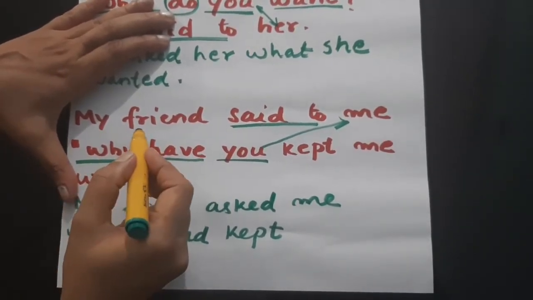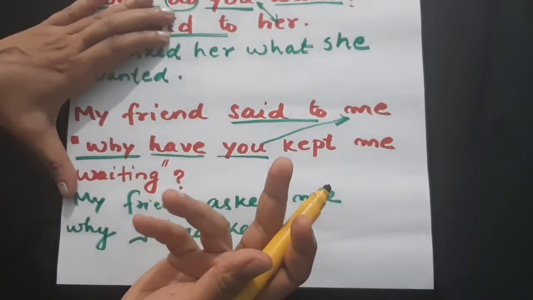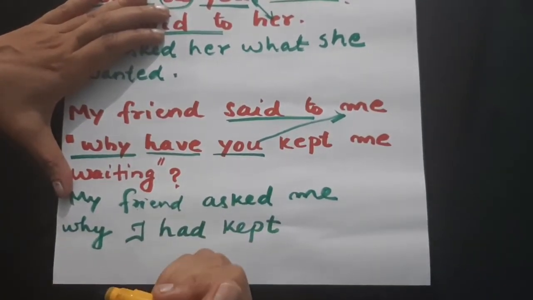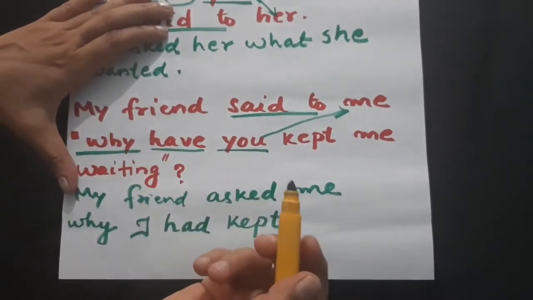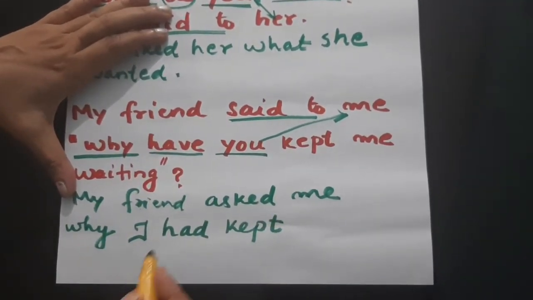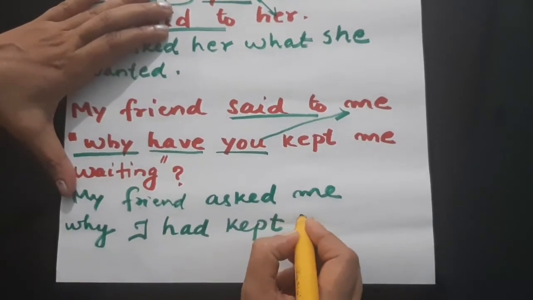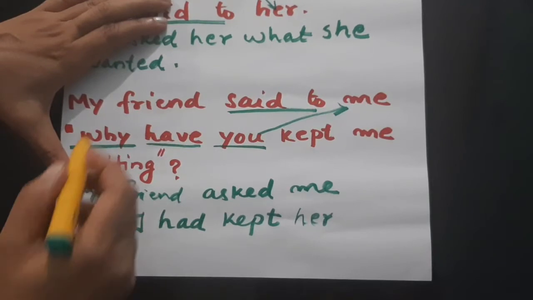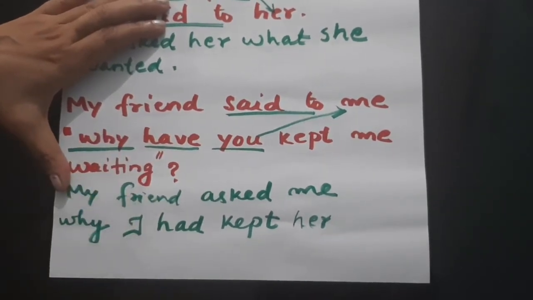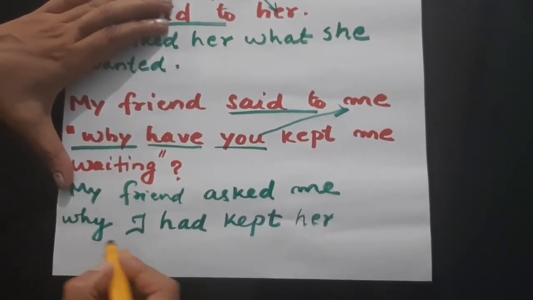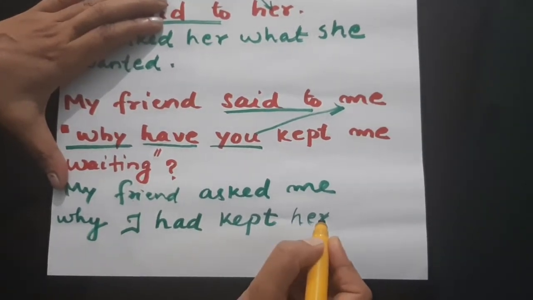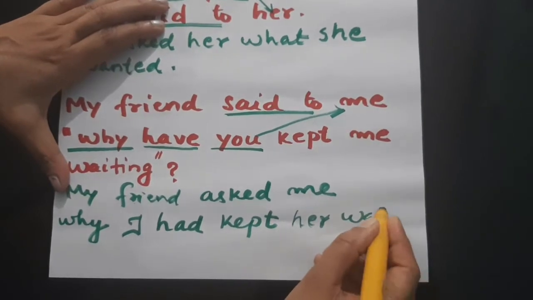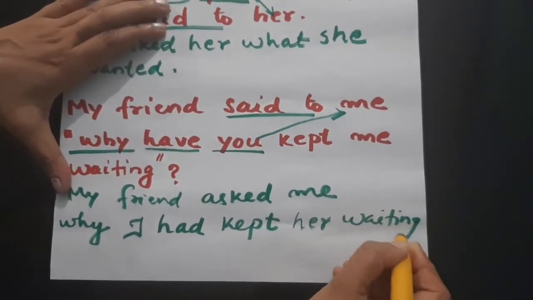My friend is only mentioned. We don't know whether it is a boy or a girl, isn't it? So it can be used as you like. You can write either he or she. Why I had kept. I'm using her here. You can also use him because with my friend we don't know whether it is a boy or a girl. So that, why I had kept her waiting. Full stop.